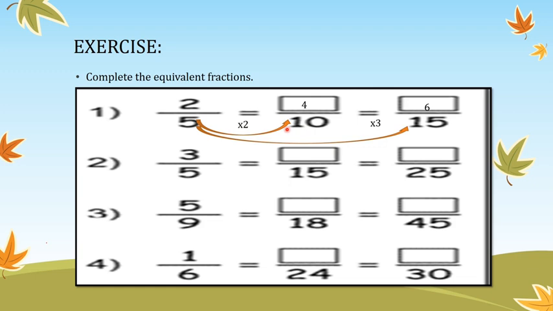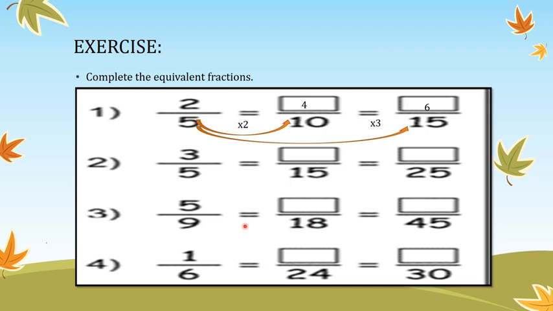So 10 comes 2 times in the table of 5. 5 twos are 10, so we multiplied the numerator also by 2 to get 4. Here 5 threes are 15, so we multiplied the numerator also by 3. 2 threes are 6. Same way we are going to complete the remaining ones.